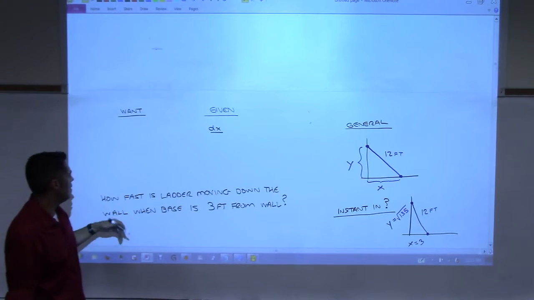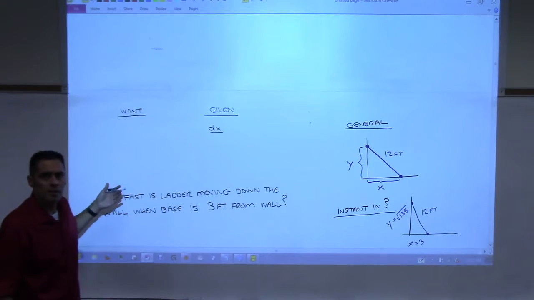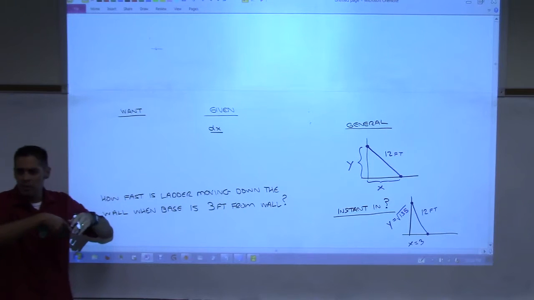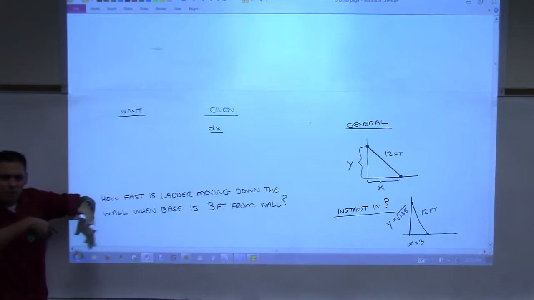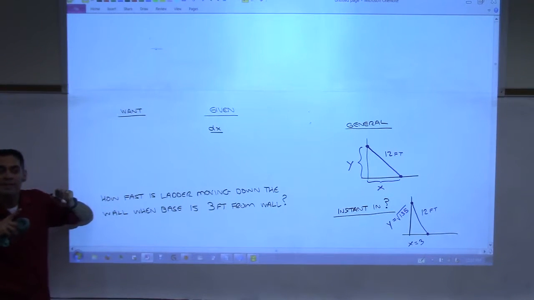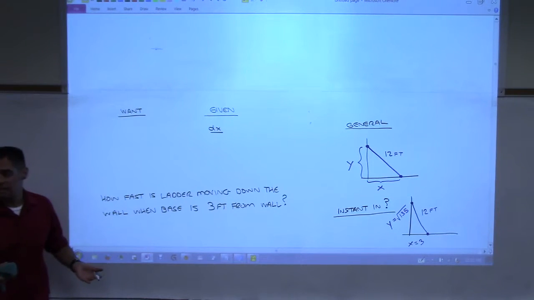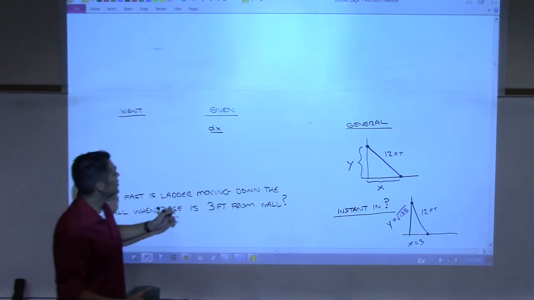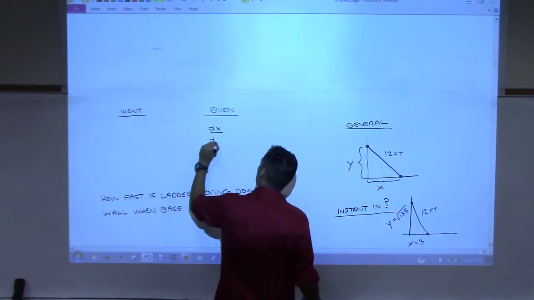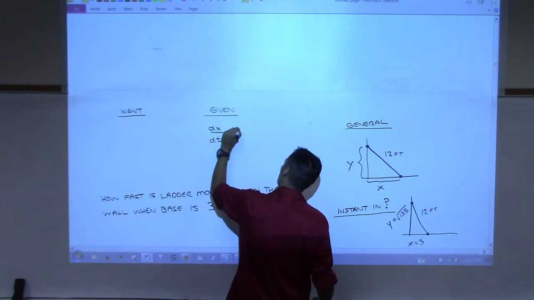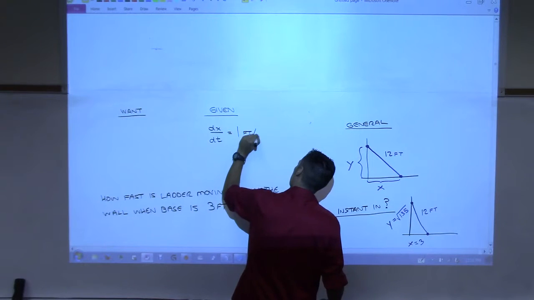The base of the ladder was moving away from the wall, 1 foot per second. That's the variable t, time, right? That's a time variable. So we're given dx/dt is 1 foot per second.